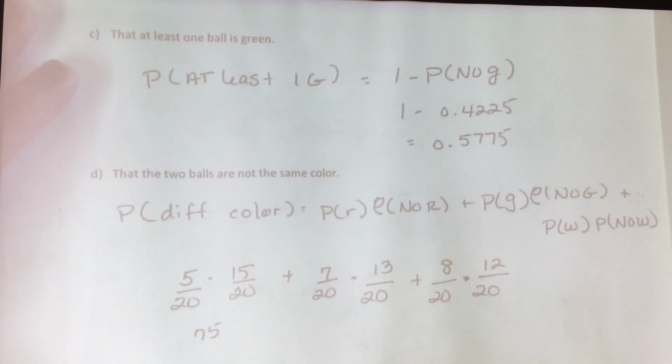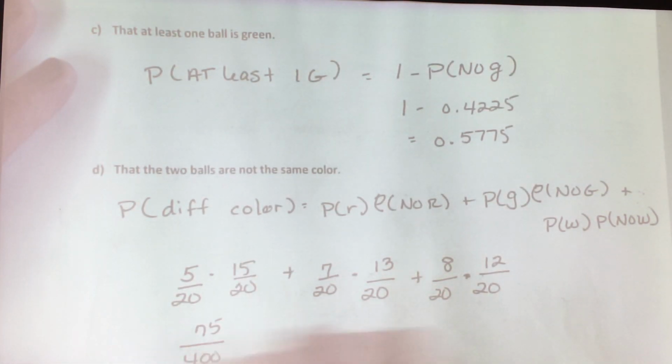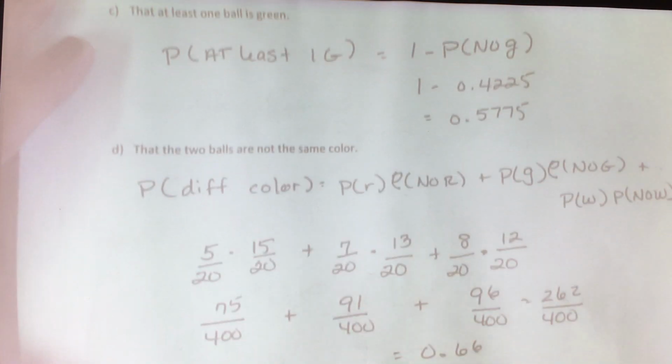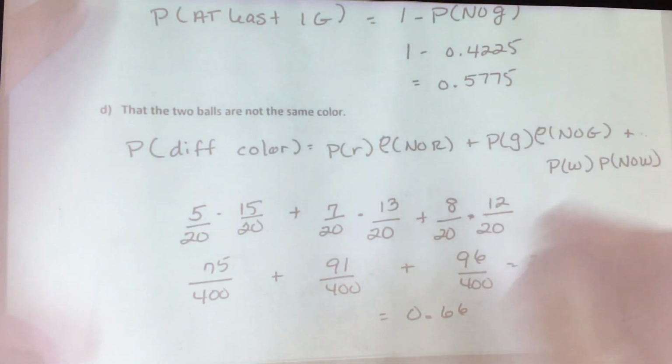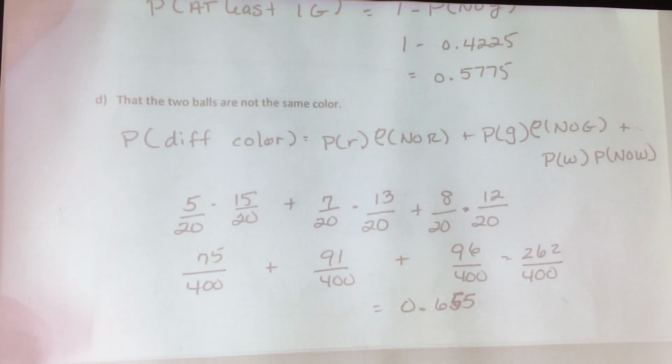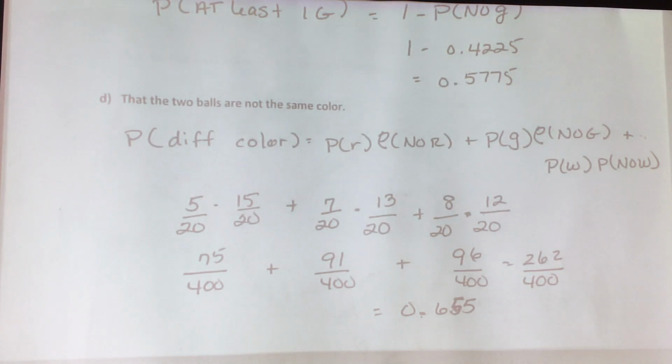You have 75 over 400 plus 91 over 400 plus 96 over 400, which is equal to 262 over 400, and that gives you a decimal of 0.655. So 0.655 is your answer for the probability of 2 balls that are not the same color.